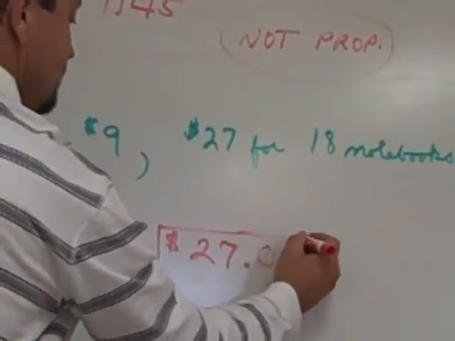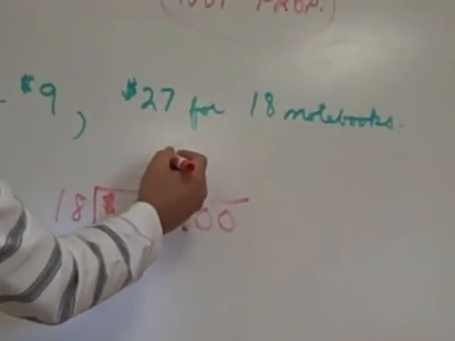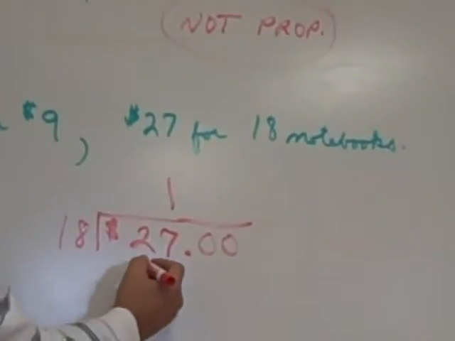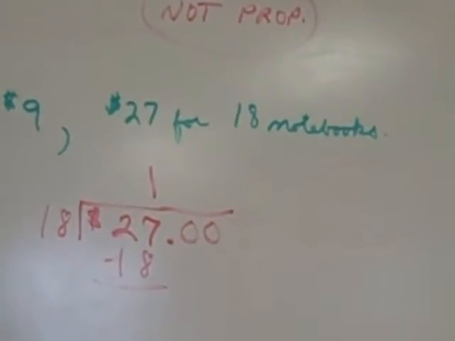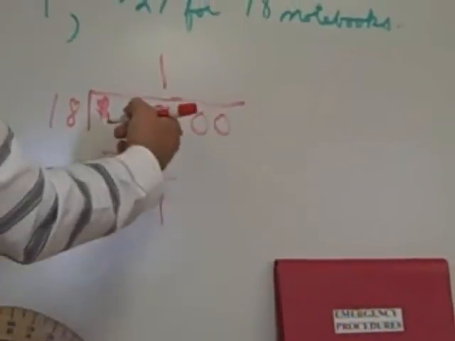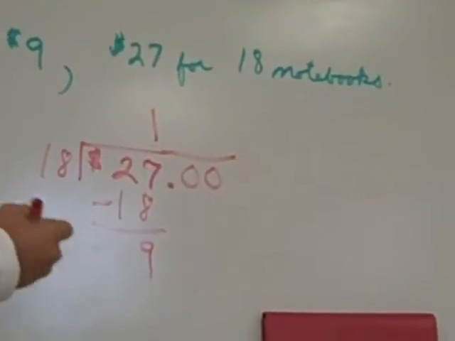This one over here. There you go. Okay? 18 divides into 27. Once. 1 times 18, 18. What's 27 minus 18? 9. Don't be doing no borrowing. You should know 27 minus 18 is 9. All right.